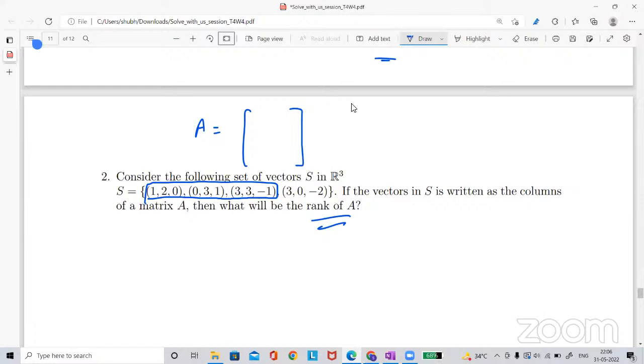If the rank of this matrix is 3, that means these vectors are linearly independent. And in that case, if these 3 are independent and our whole vector space is R3, it says that these 3 vectors form the basis. Just eliminate this one if you are not considering it. So this forms a basis. This is the use.